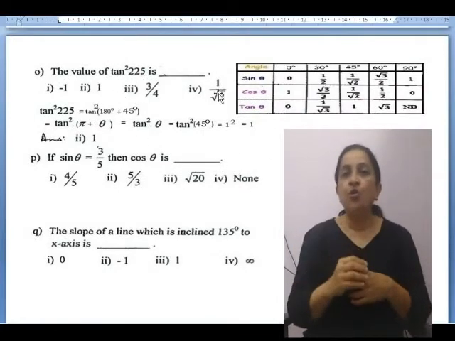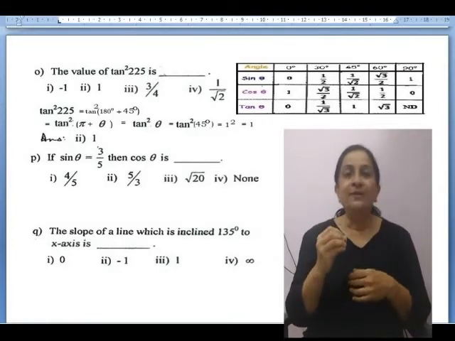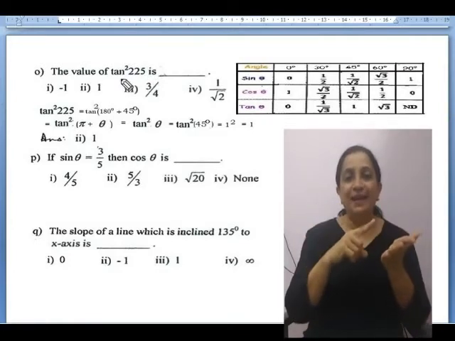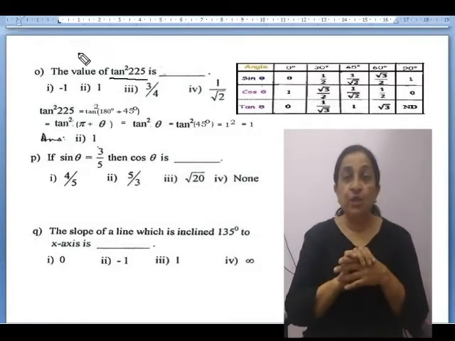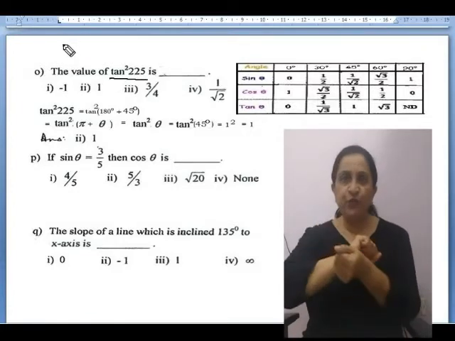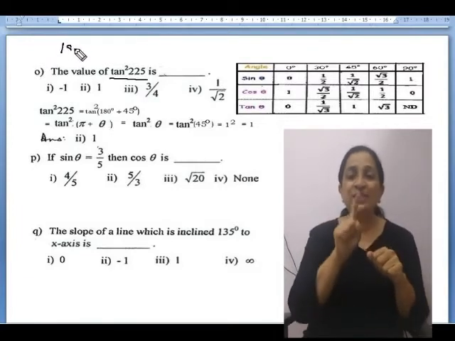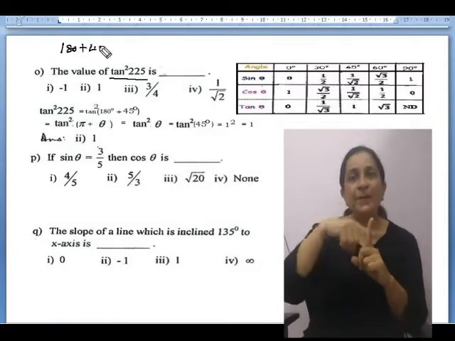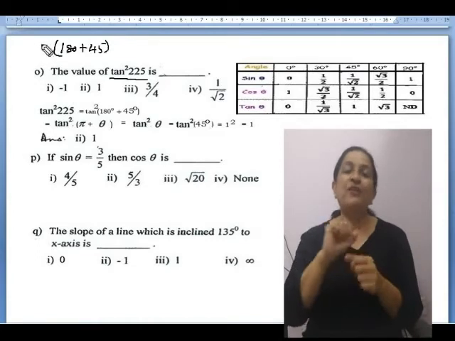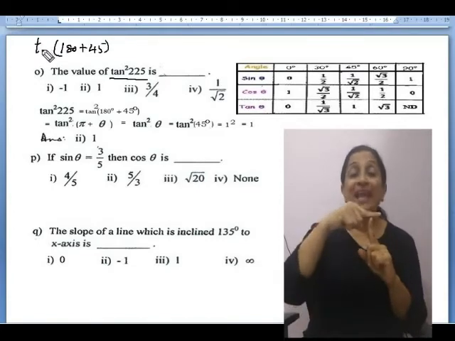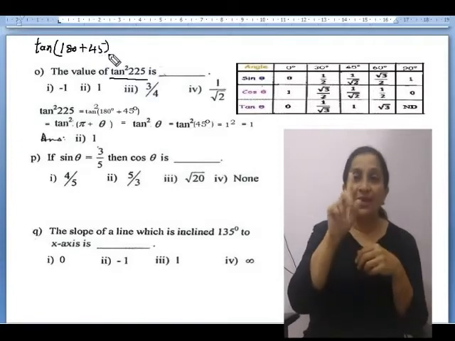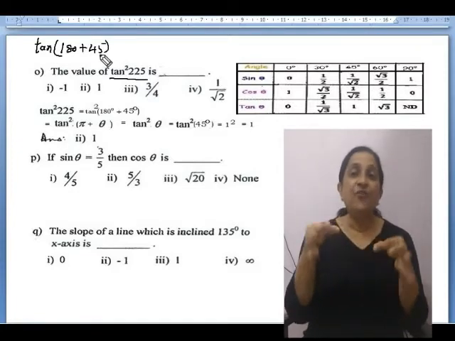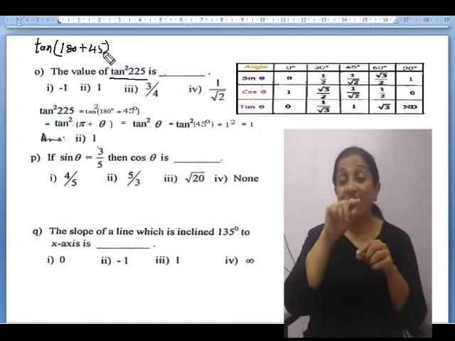Next, what is the value of tan squared 225? This can be done in different ways. 225 degrees you have to convert to 180 plus something, that is 180 plus 45, right, is 225. Now tan of 180 plus 45 is in the third quadrant, right?